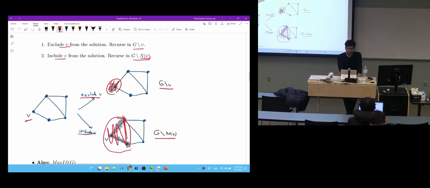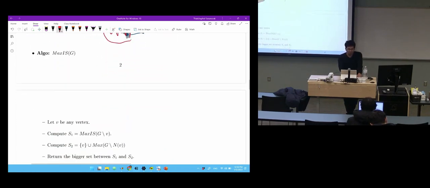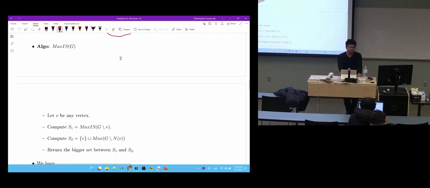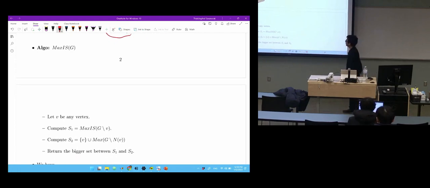Okay. So that gives you a recursive algorithm. The algorithm, given a graph, is just to pick any vertex V, right? And then you compute S1, which you think of as the best solution given that you don't have V in the solution.